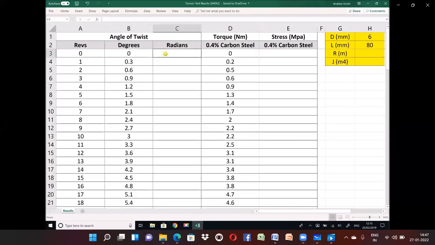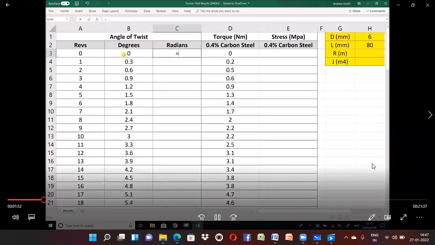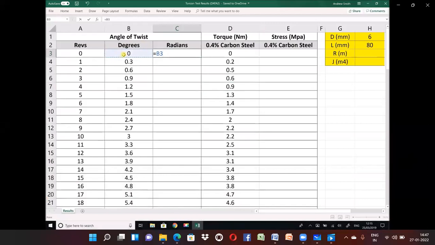To input a formula, we need to start with equals. We click on the cell that we're converting from degrees to radians. We multiply by the number of radians in a circle, so Shift 8 for multiply. The number of radians in a circle is 2 pi, so we do 2 times pi.